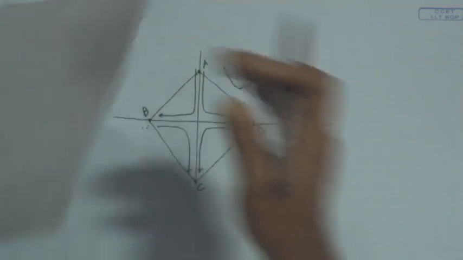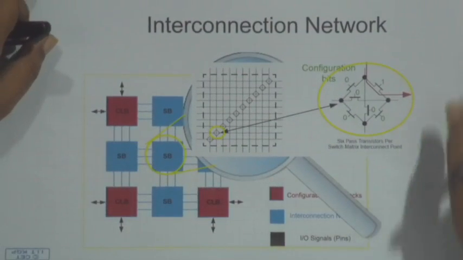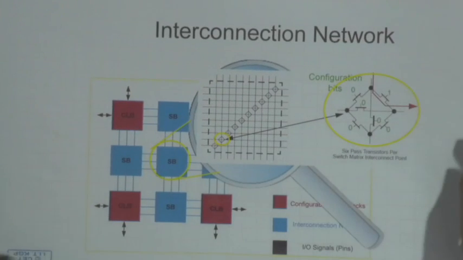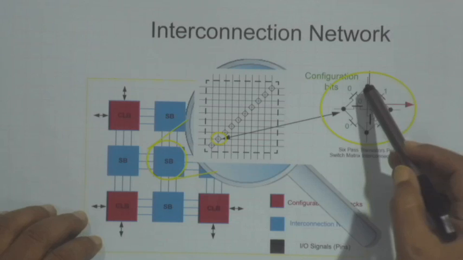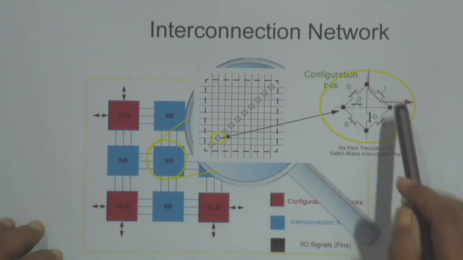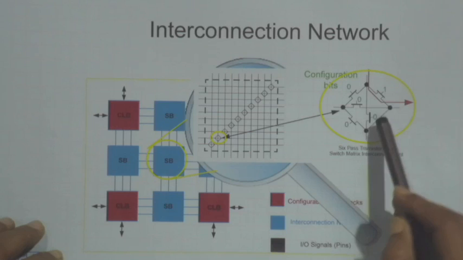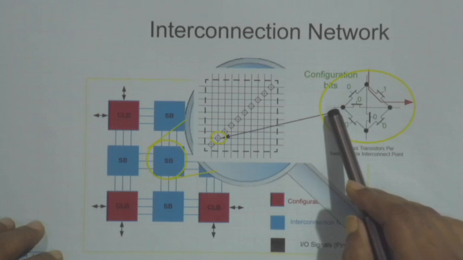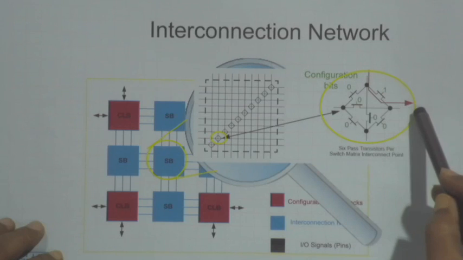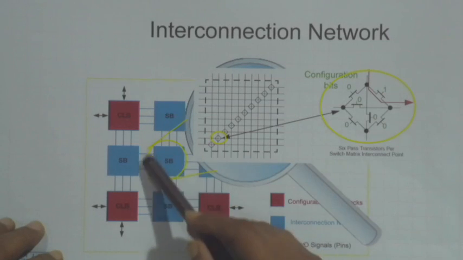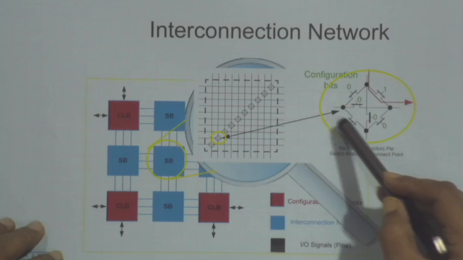Therefore, if I take this example now, you can see that I have written a 1 here, that means this pass transistor will be on, others will be off. Therefore, any signal coming through this path will flow to this path, right. So, in that way, any switch box I can program by using these pass transistor gate bits.